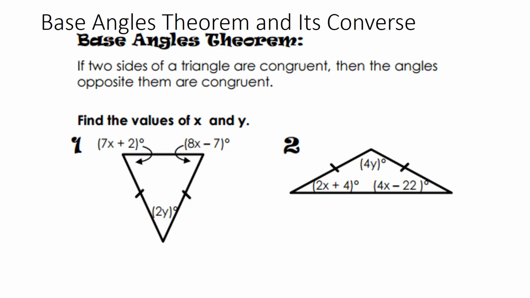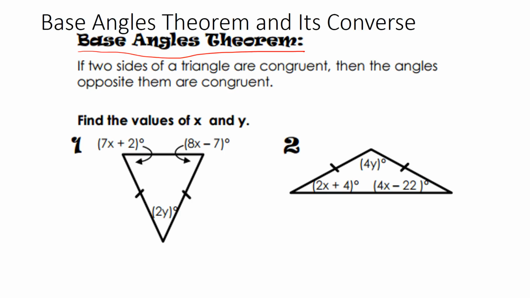If we open up to our second flap, labeled base angles and its converse, we're first going to read our base angle theorem. It states that if two sides of a triangle are congruent, then the angles opposite them are also congruent.